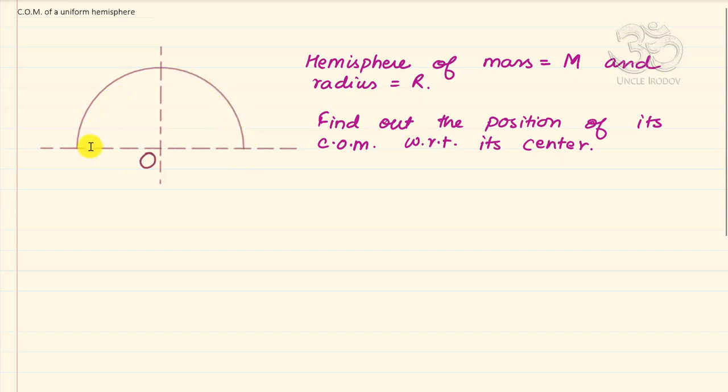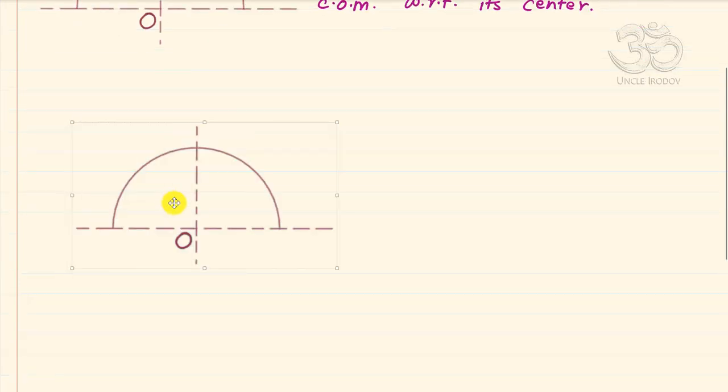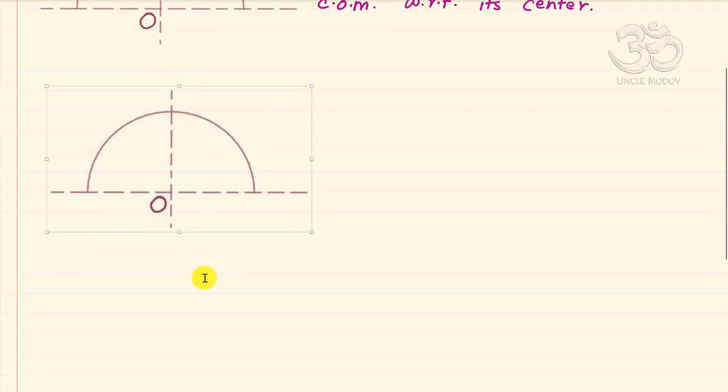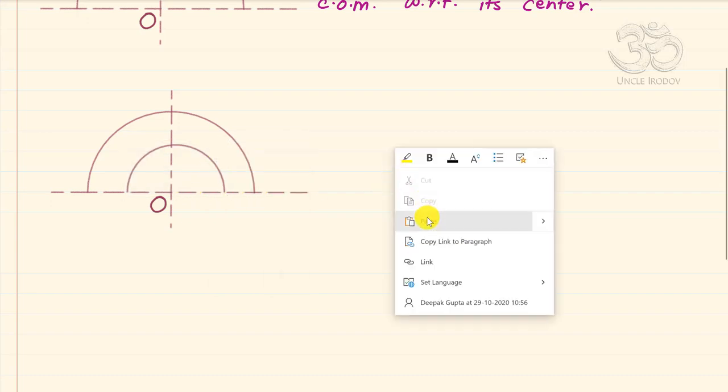You break this entire hemisphere into hemispherical shells. Take some arbitrary hemispherical shell like what I'm going to take now. So let me copy this figure, paste it here, and take a hemispherical shell. Let us say this big, and increment the size by a small amount.